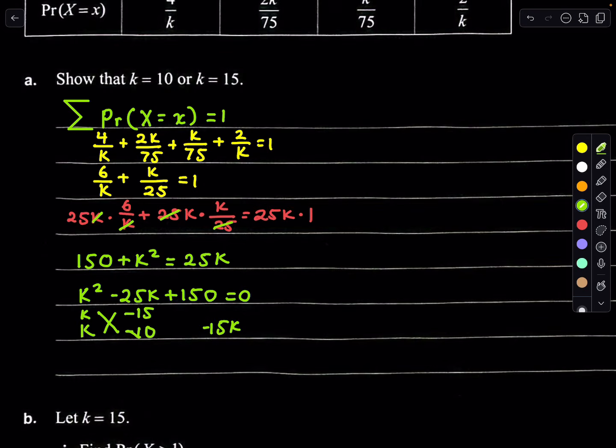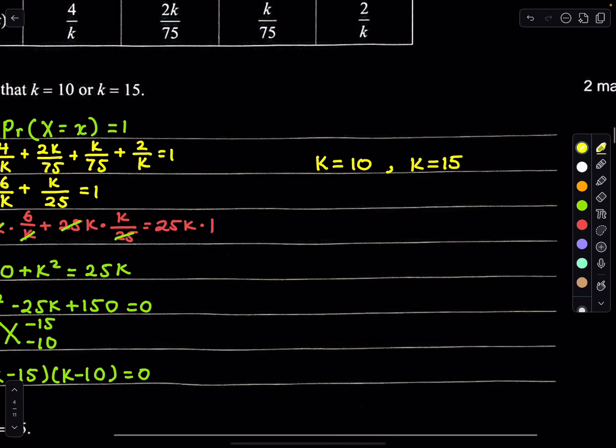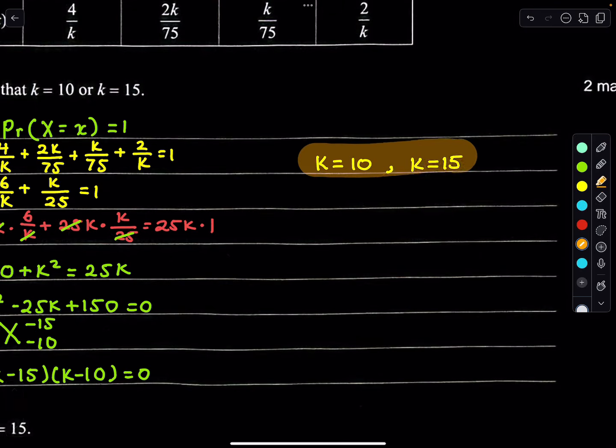And negative 10 times k is negative 10k. You can see when you add those up, that's negative 25k, which is the middle value. So our factors are k minus 15 and k minus 10, which must be equal to 0. And so your solutions are k equals 10 and k equals 15. Very, very easy question here. Very nice. Perfect.